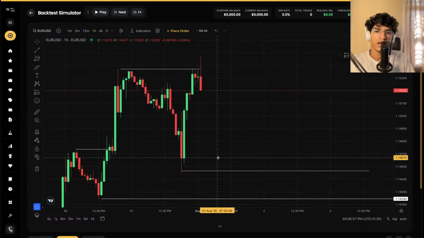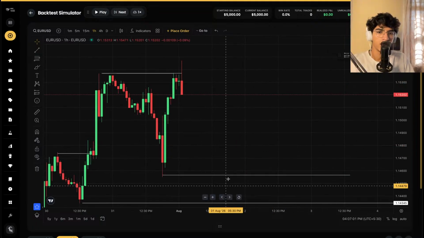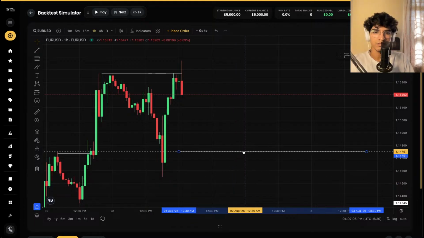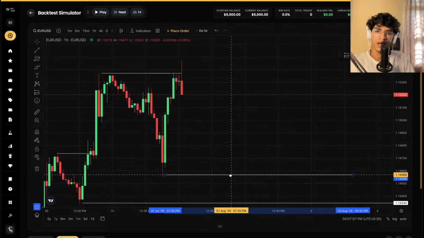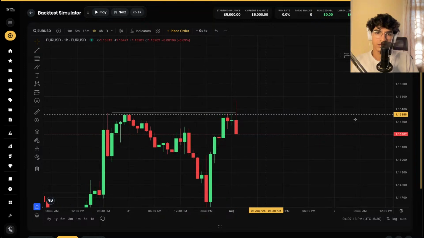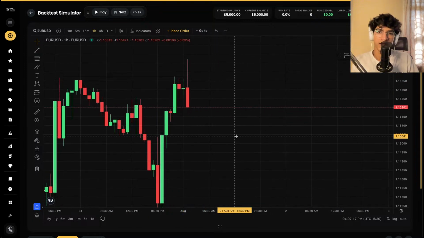My bias is that I am bullish until this low gets broken. That's all. I am bullish in the higher time frame. You can also see this has done a breakout structure, so now it has to pull back, right?